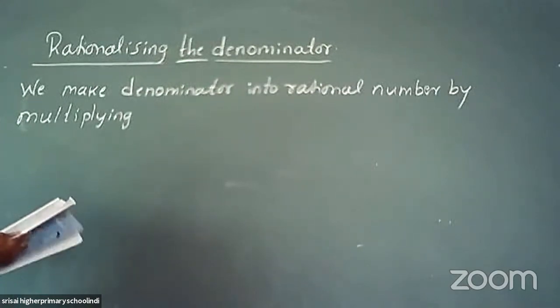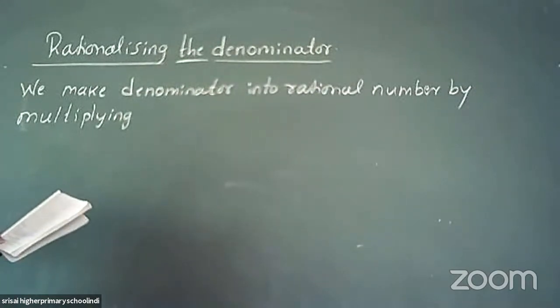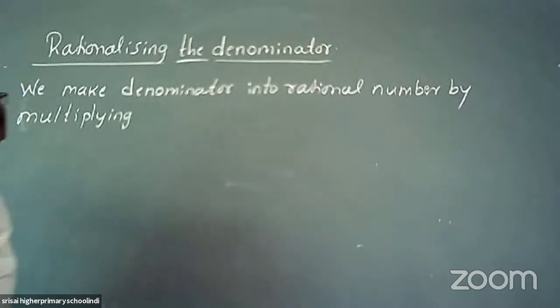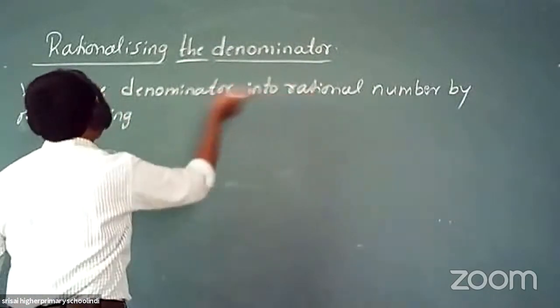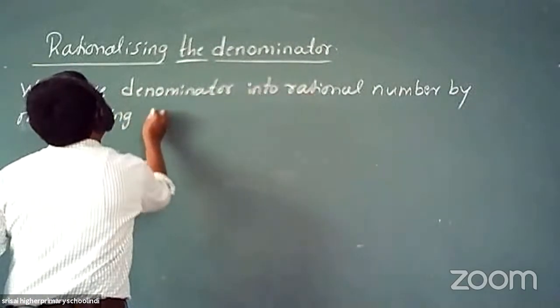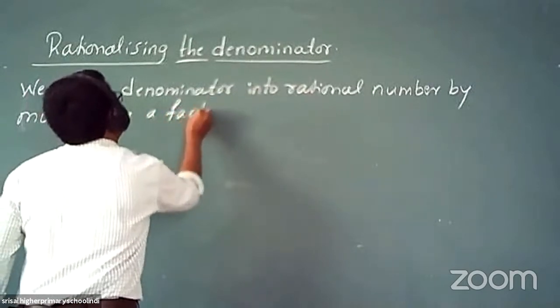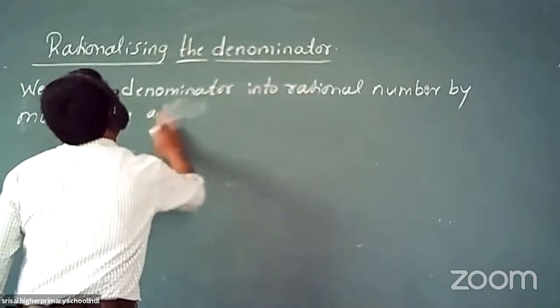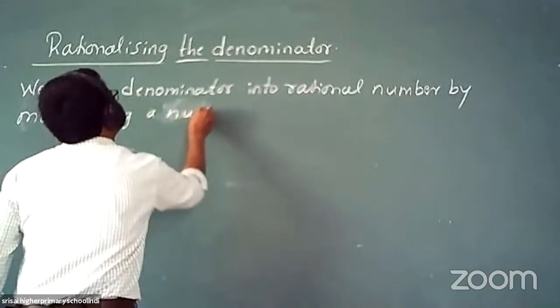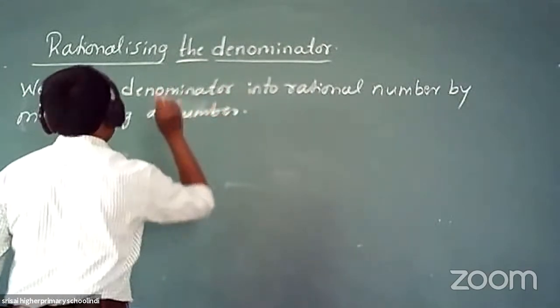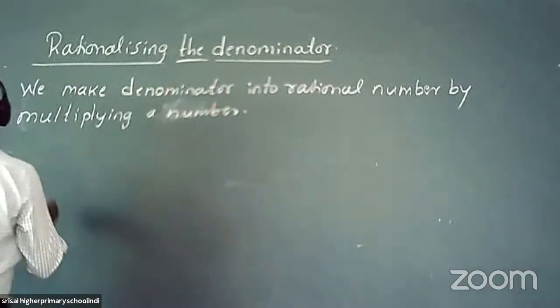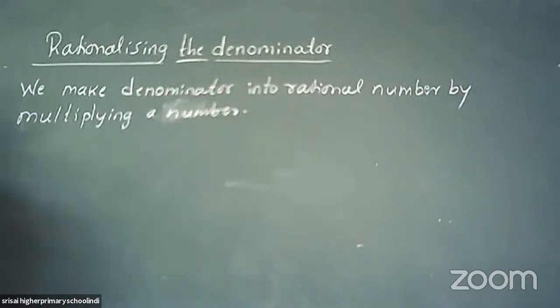Actually, that number is called complex conjugate that you will study later. We make a denominator into rational number by multiplying a number. We shall write it this much.